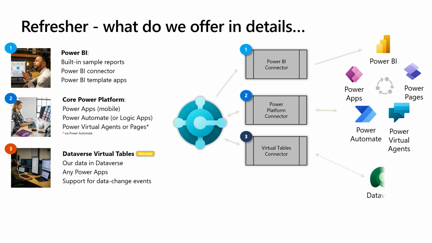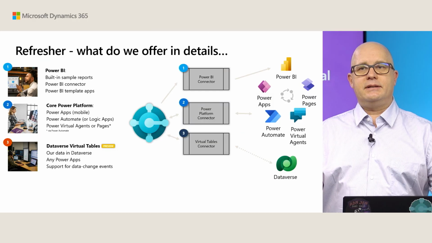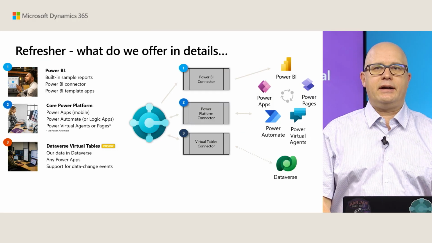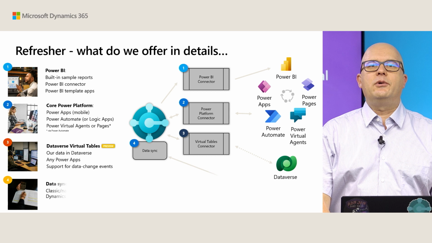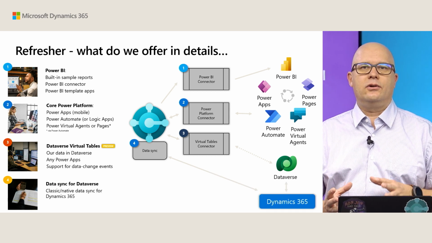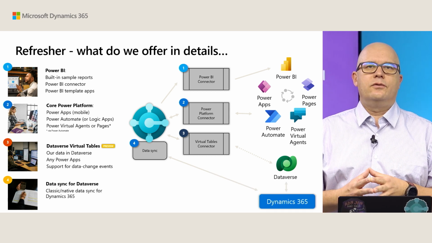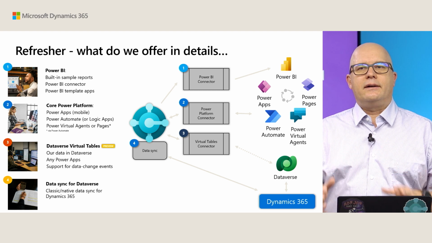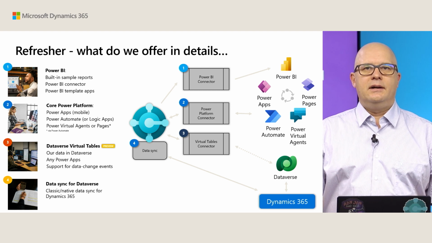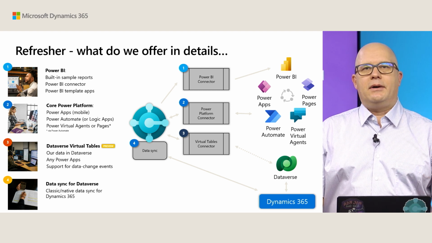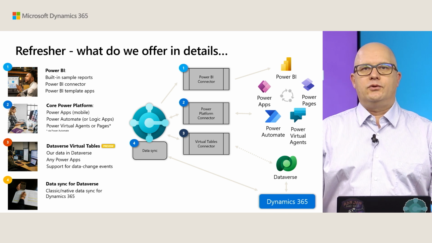We also have Dataverse Virtual Tables plugin, which is a technology allowing you to virtualize data from Business Central and have it directly in Dataverse. And we also have the Data Sync technology, which is useful for connectivity with other Dynamics 365 products. But today we will be talking mostly about those first two technologies.